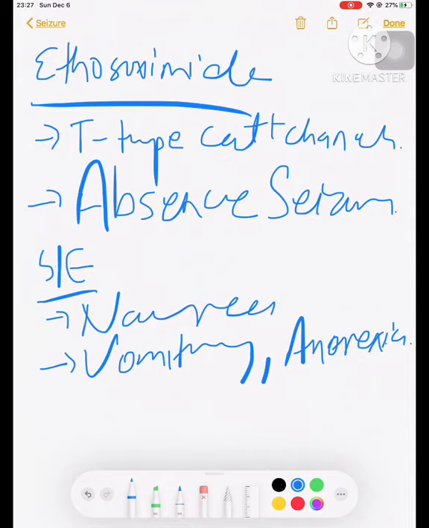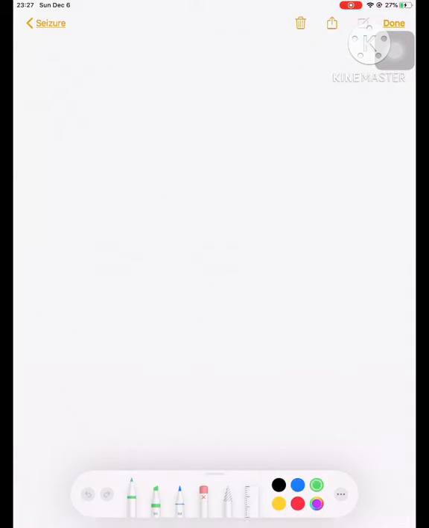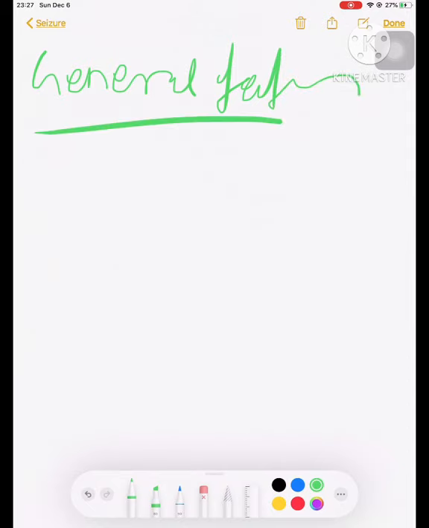Lastly, let's discuss some general features of anti-epileptic drugs. Since these anticonvulsants cause CNS depressive effects, if you mix an anticonvulsant with other CNS depressants, there will be an additive effect, so more CNS depression.